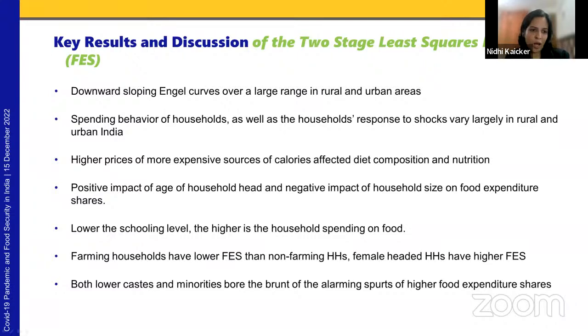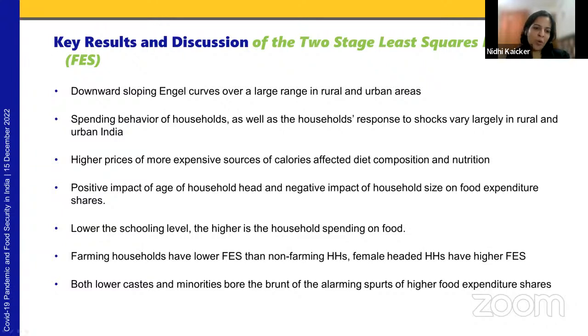Coming to the gender of the household head, households with a female head on average have food shares which are higher than a household with a male head. A possible explanation of these results could be that women are more likely to spend a larger share of their incomes on their children and household consumption relative to men, who may spend on status consumer goods or alcohol.